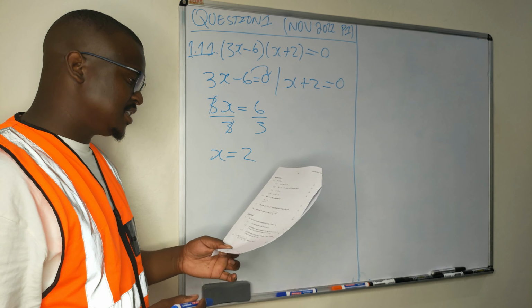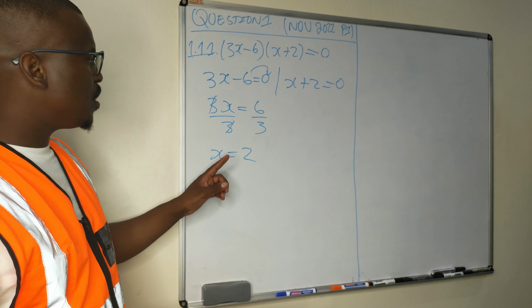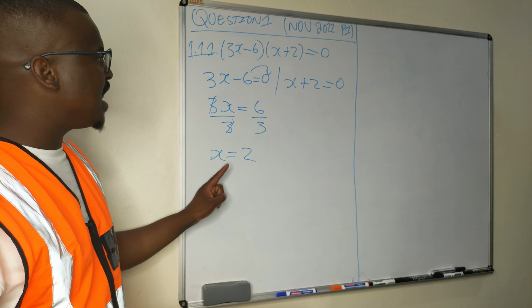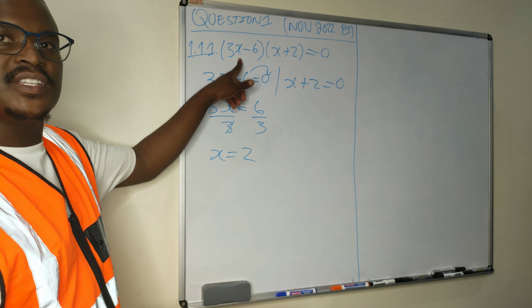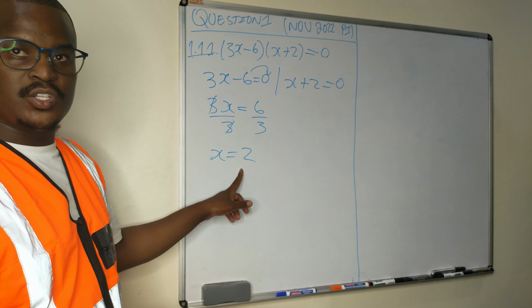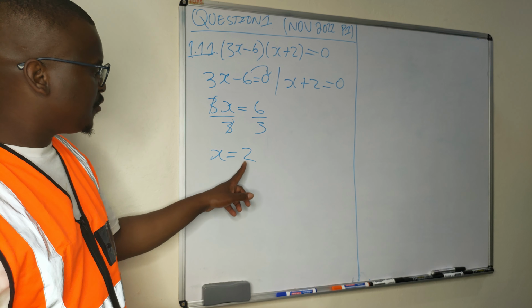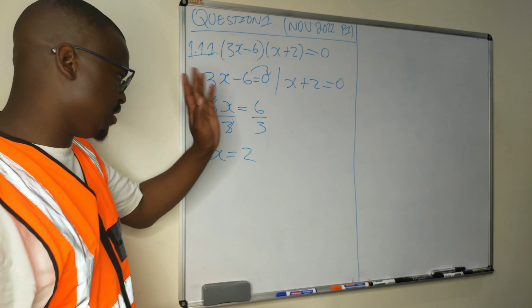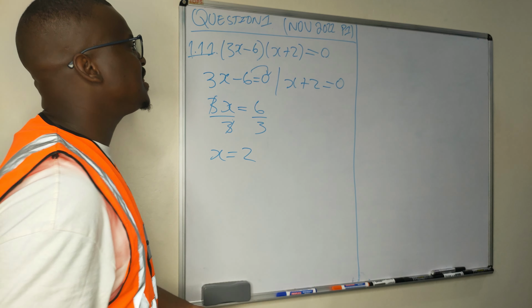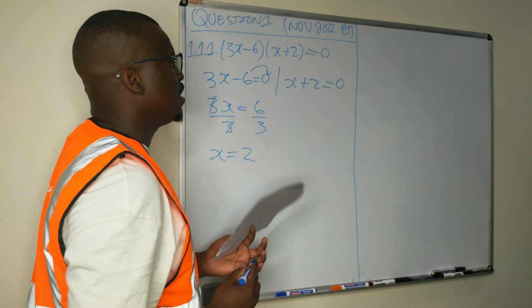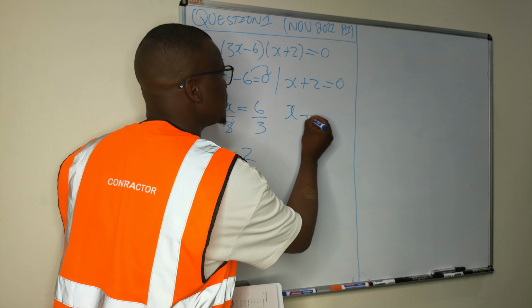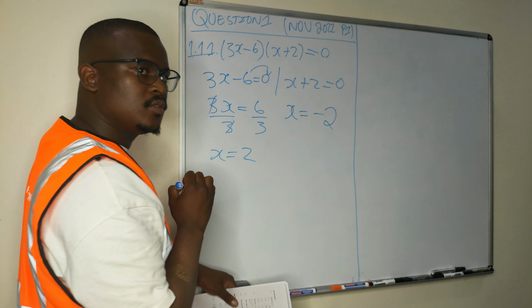What this tells you is that for this bracket to be 0, your x should be 2. And then for this bracket to be 0, your x is equal to minus 2.